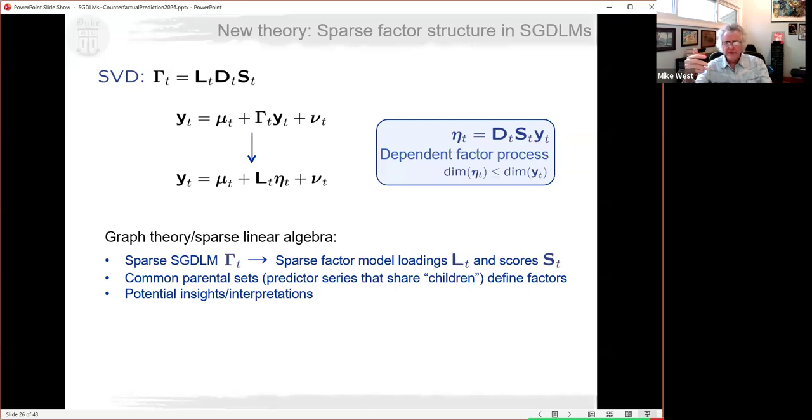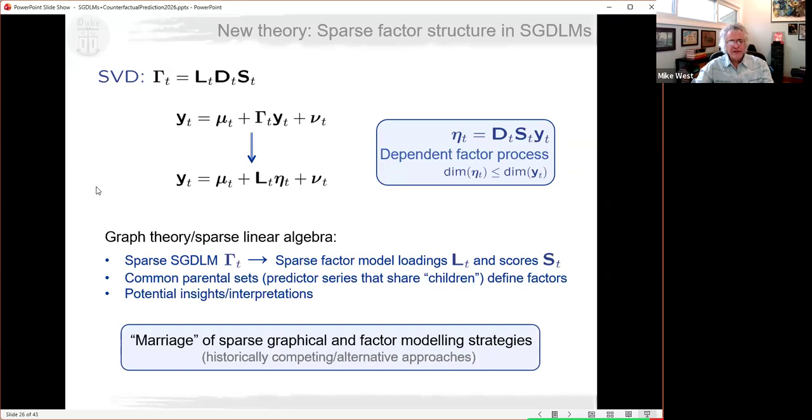There's some graph theory here, largely due to Luke, the co-author on the paper, that aligns the parents in the graph that I mentioned earlier, the parental predictors, with the factors. There's a lot of complexity there, but some nice theory that highlights the linkages between graphs and factor models. And in application, I'll spend the last few minutes back on the GDP, where it can generate some insights.